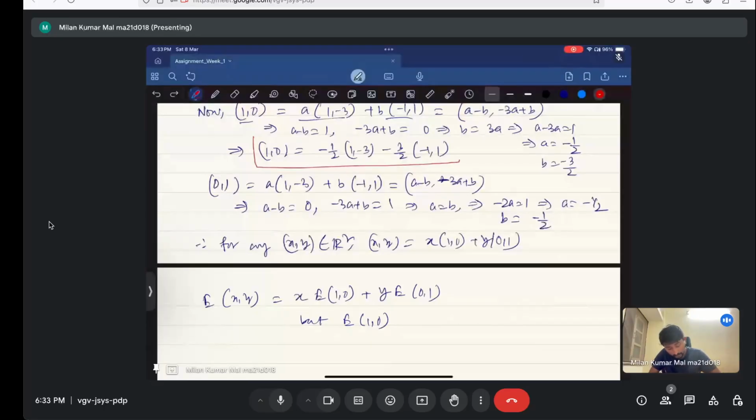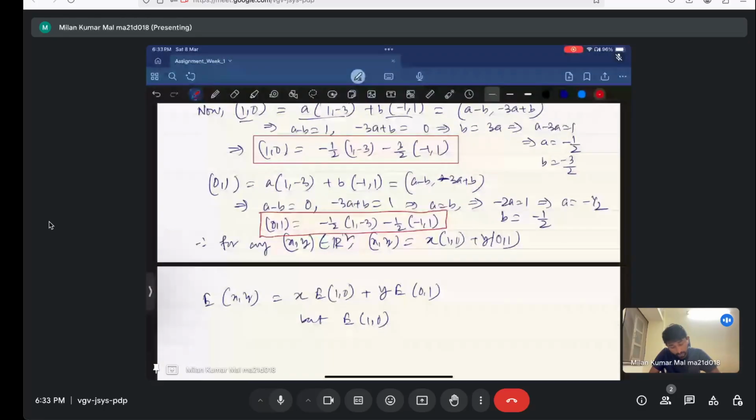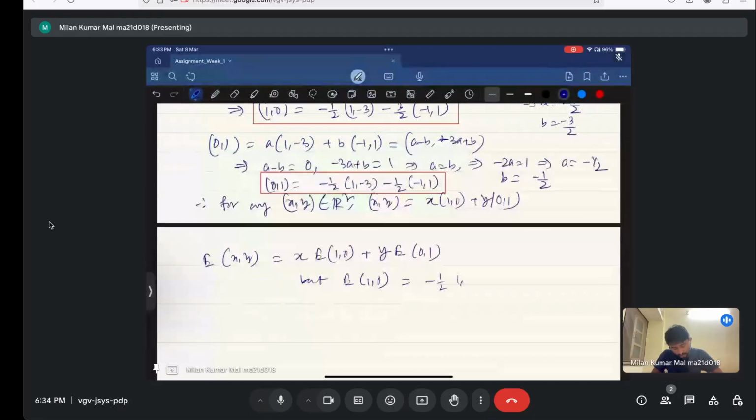So this is another. Okay, so these two are the things. So now what we are getting, therefore E(1,0) is equal to -1/2 (1,-3), and E(0,1) is equal to -1/2 (1,-3), as this is getting 0 and this is getting 0.